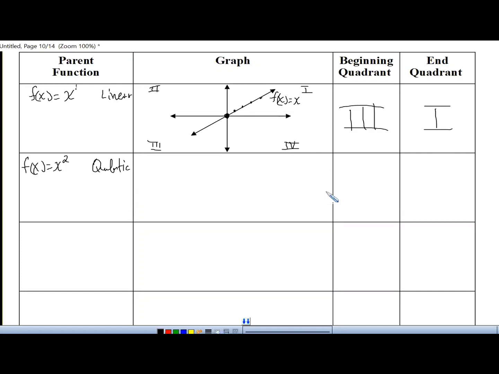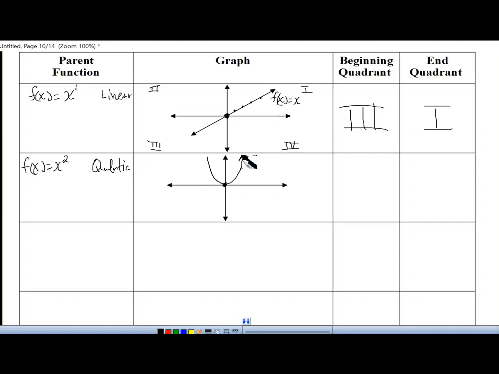All right, so let's graph that one. By now, these should be a piece of cake because I've been giving you plenty of practice on the warm-ups. I'm no longer going to mark my quadrants, but let's graph this. We always start at 0, 0, and that graph looks like this.